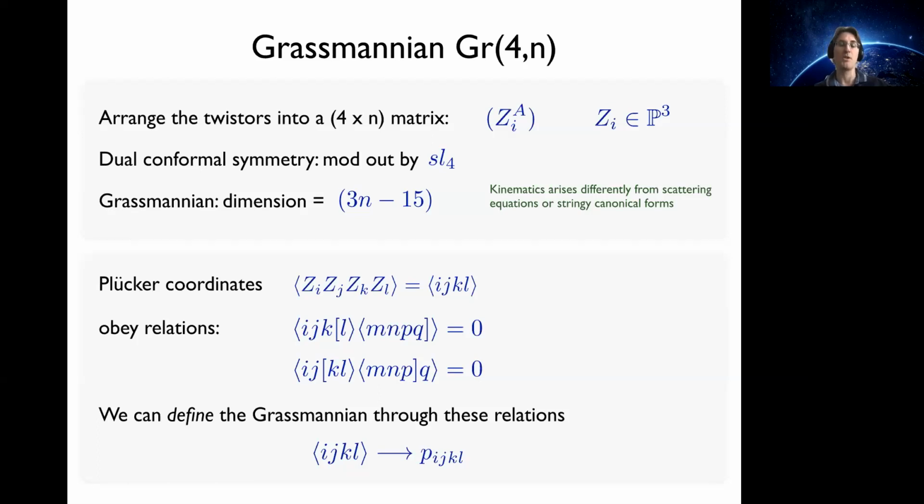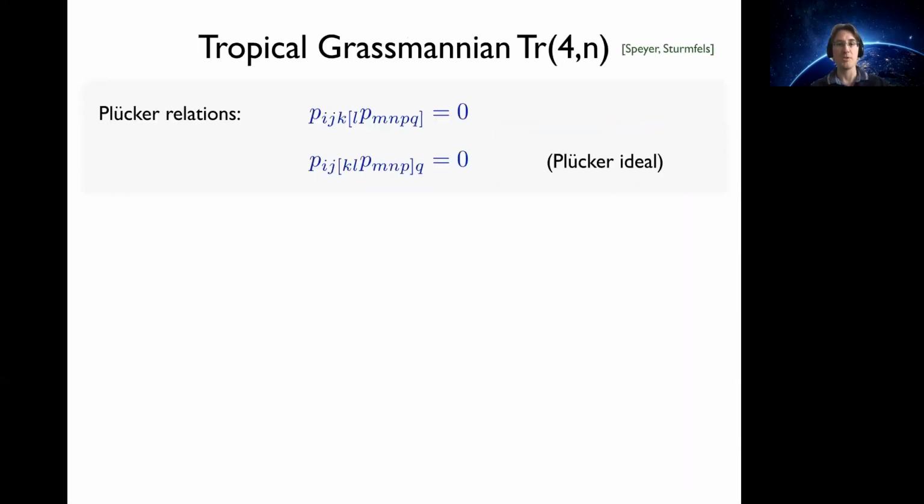And so what I'm going to do is I'm just going to switch notation to emphasize that, and I'll call p_ijkl a new variable, which replaces this determinant of 4 columns made up by 4 of these z's. So with these variables, I write the Plucker relations again. Here they are, these quadratic relations. These generate for us a Plucker ideal in the space of polynomials in these variables p.